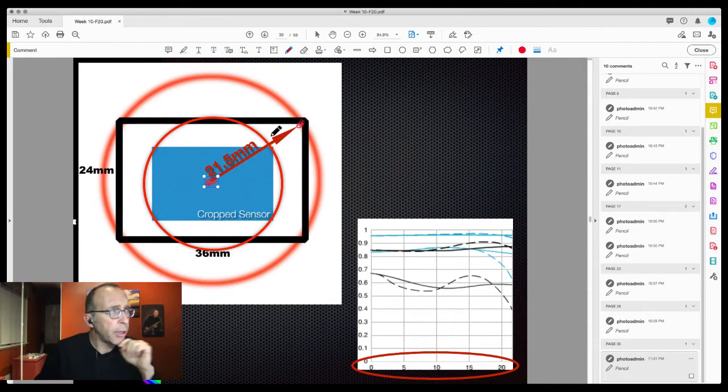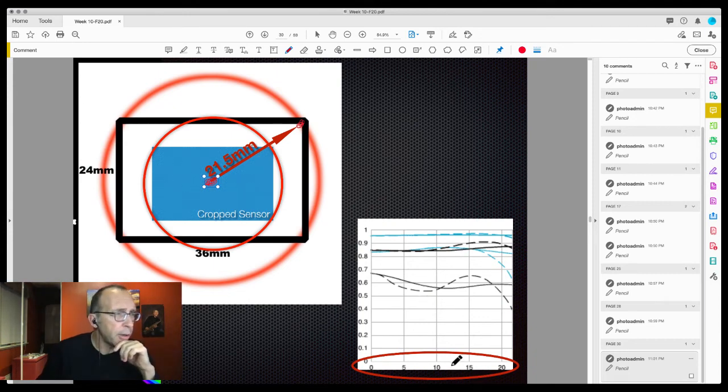Another thing I want to point out is that the black line here represents a full frame sensor. And if you have a crop sensor camera, that's represented by this blue rectangle. So your image circle is actually a little bit smaller. The reason I point that out is that if you have a crop sensor camera, this distance is probably closer to 14 to 15 millimeters.